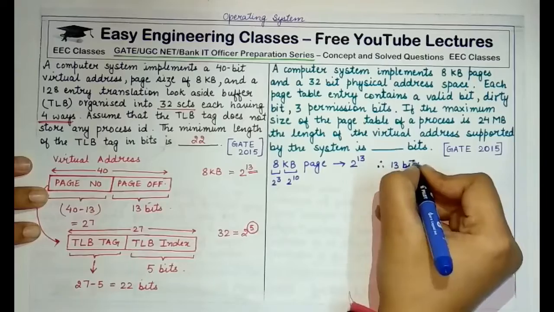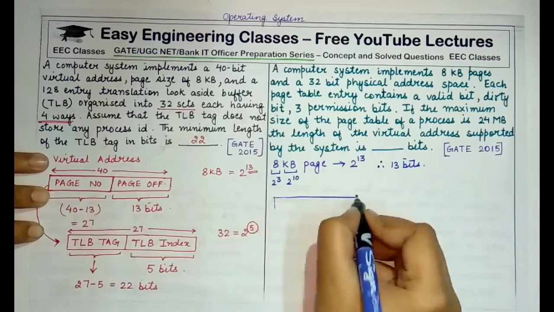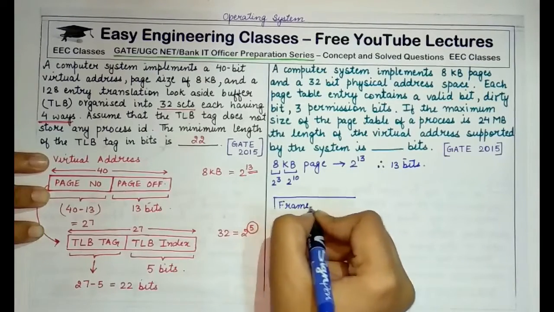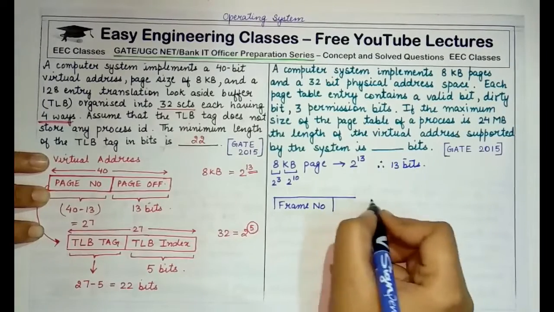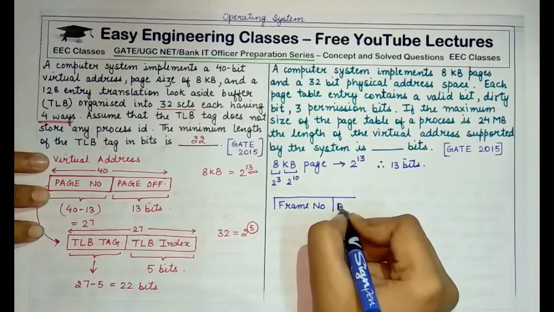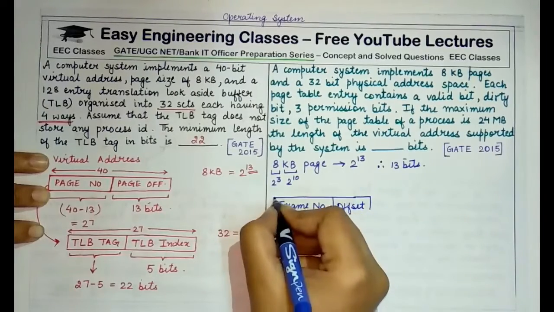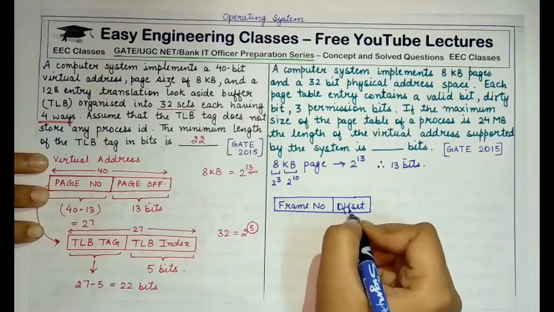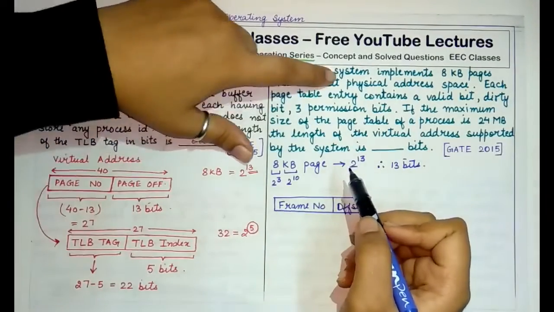So when I say page offset, you must remember that a physical address has two different fields. One is the frame number. A frame number corresponds to a particular page that it is mapping, and then it has the offset field, the page offset or the frame offset field. This particular division of the physical address is a total of 32 bits in length.